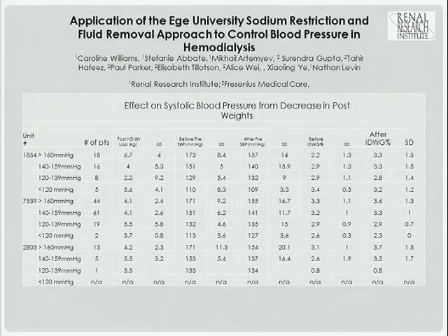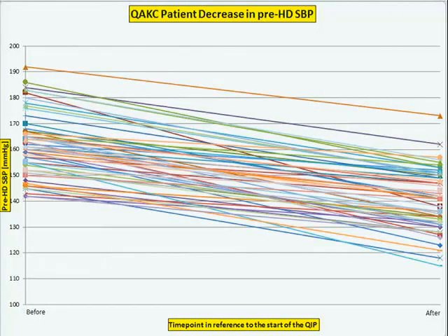And then the ones who had low blood pressures, they stayed the same or they increased, as I showed you before. And this is the kind of thing with one of the dialysis units. This is how the blood pressure fell over a 2-month period. Some fell much more than others, but in general, there was a substantial reduction in blood pressure in those patients who were treated with this approach.